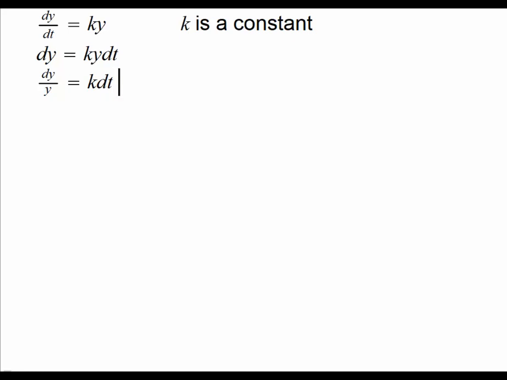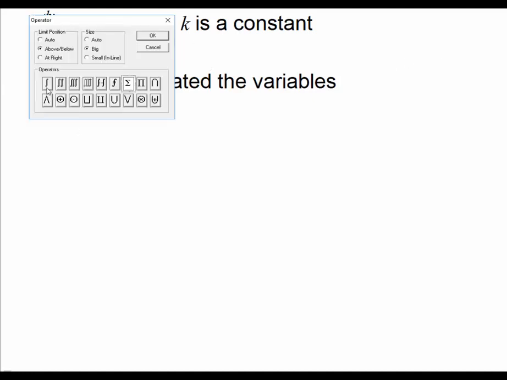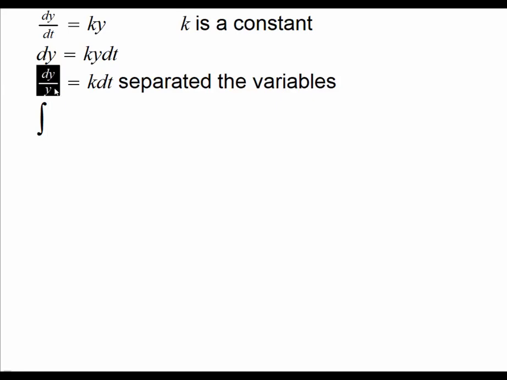We have separated the variables. Which variables? The variables y and t. Then we can go ahead and take the antiderivatives. Here we take the antiderivative of 1 over y with respect to y, and that equals the antiderivative of k with respect to t.